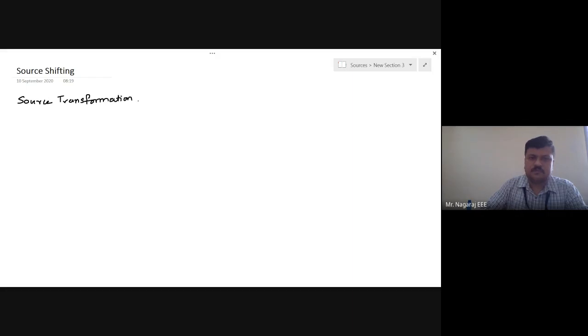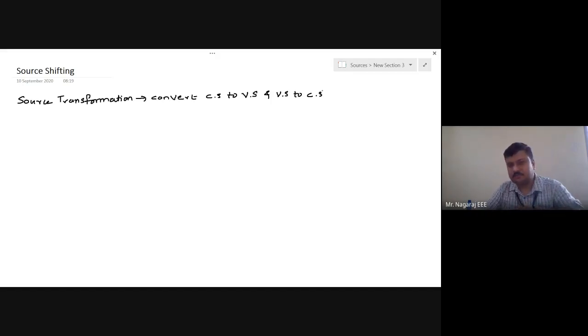Here we convert current source to voltage source and voltage source to current source for circuit simplification. Ultimately, we are analyzing the circuit, I want to know the circuit parameters and quantities, so I have to simplify the circuit.